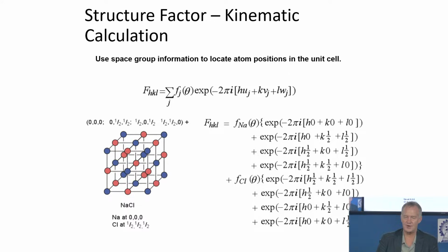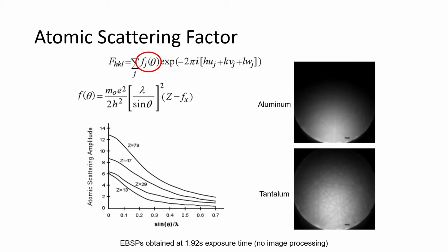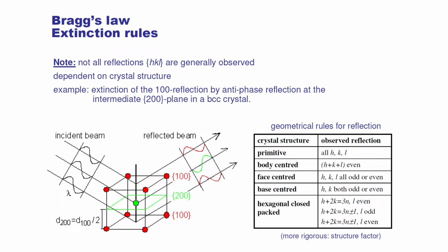Okay, so structure factor, I'm assuming that we know some of this, but basically we come up with what we call selection rules. So if we have a body centered cubic, H plus K plus L has to be even. If we have face centered, HKL all have to be odd or they all have to be even.